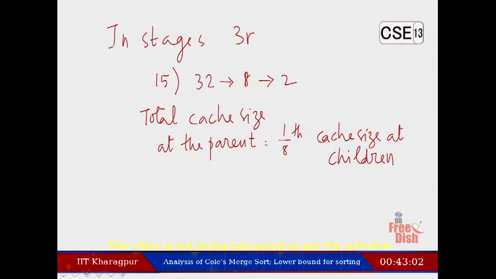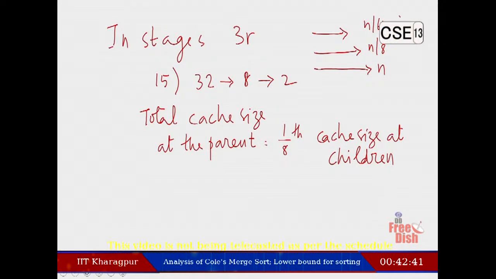So if you start from the bottommost live level, there are n elements in the cache there. They are all the full nodes. Therefore, above this we will have n by 8 elements. Above this we will have n by 64 elements and so on.